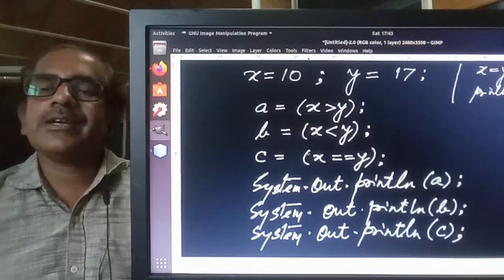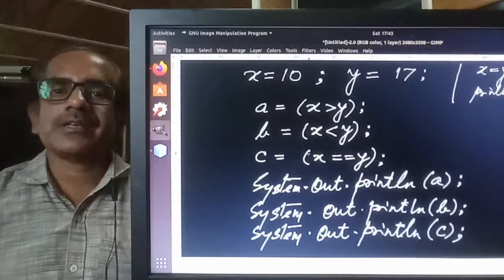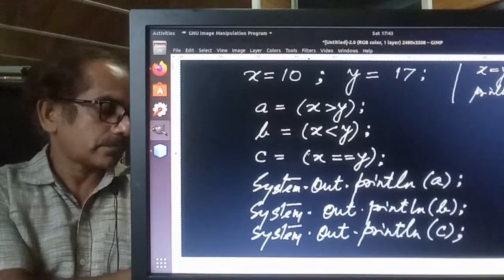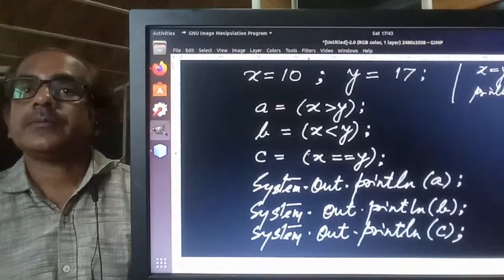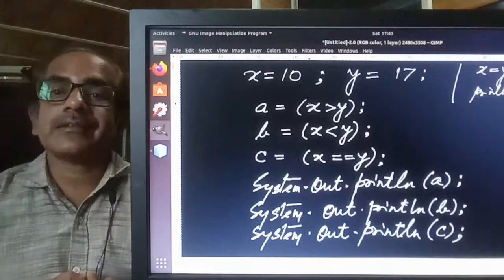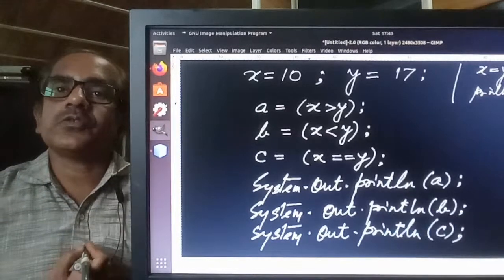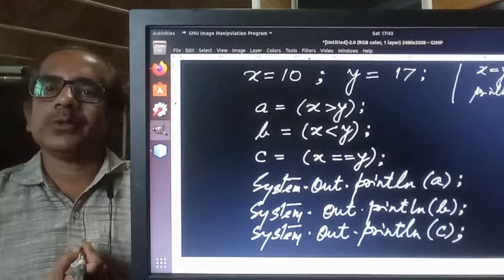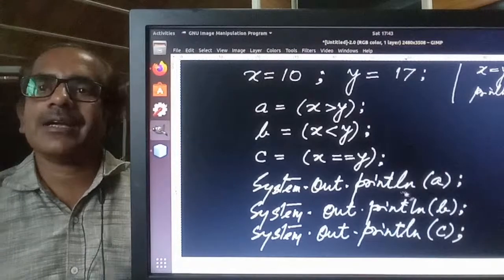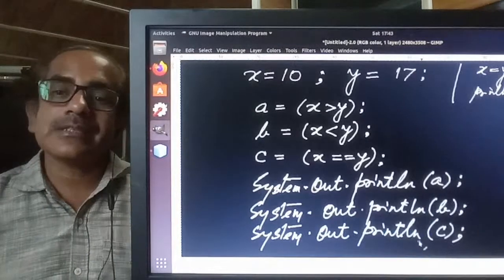So here the expressions are written: a equal to x greater than y, b equal to x less than y, and c equal to x equals y. All three comparisons we have done, and the values of a, b, and c are printed.